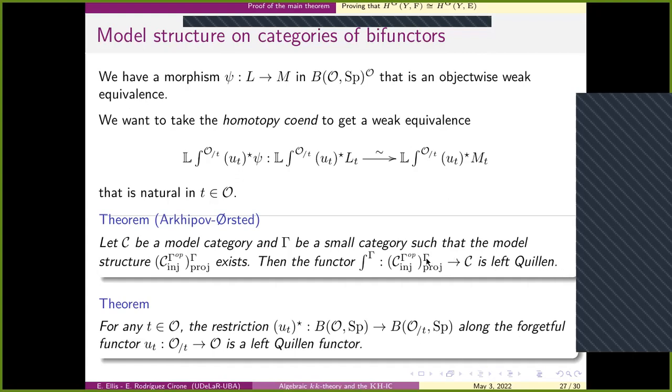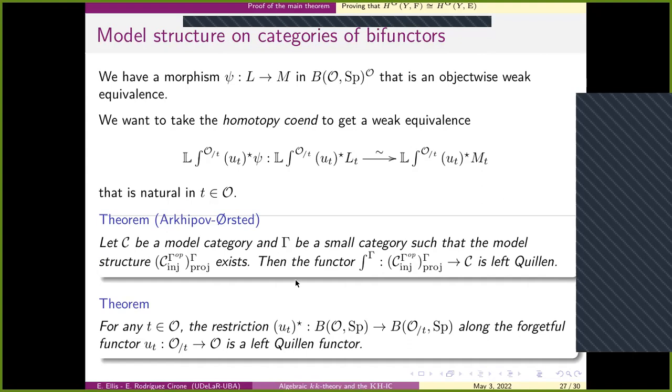We can take a cofibrant replacement in this category, then take coend, and that would be a model for the homotopy coend. Since we can take functorial cofibrant replacements, that would give us a natural way to construct homotopy coends.